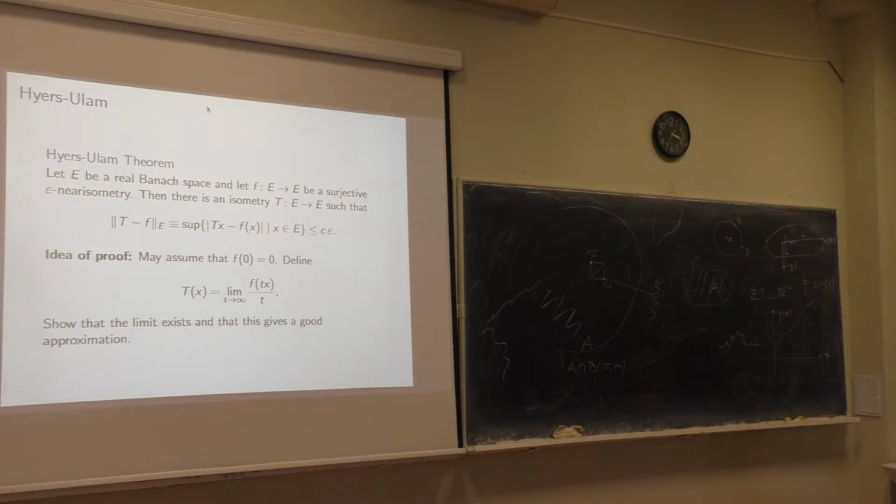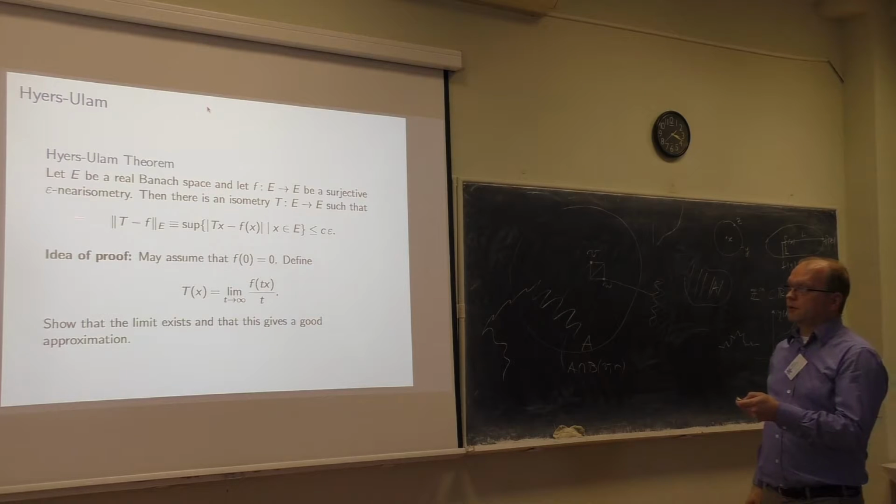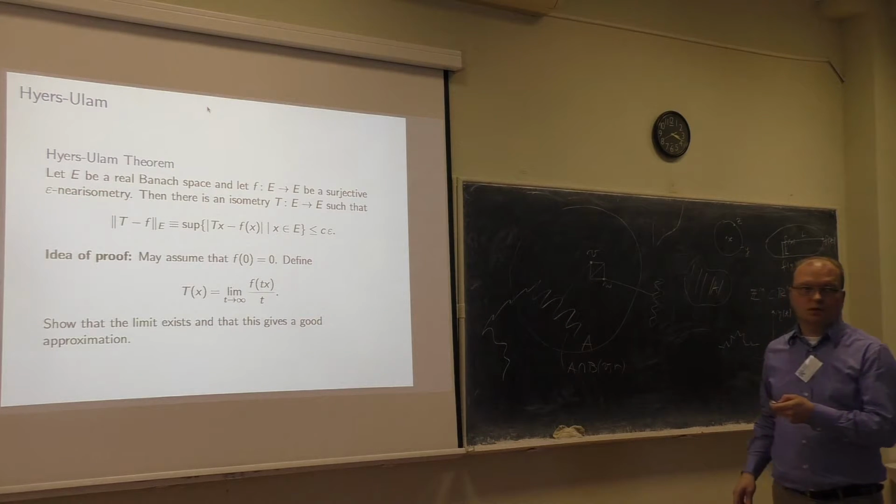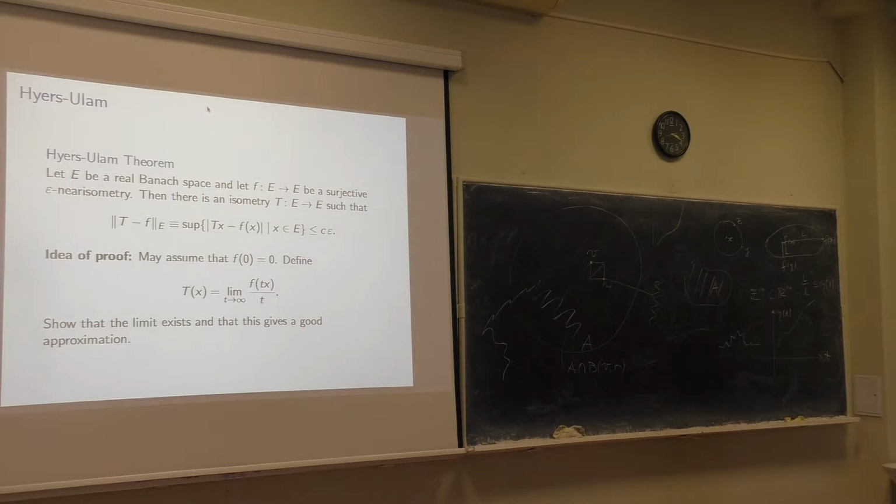Now we have this epsilon near isometry, a mapping which changes distances with an additive constant epsilon only. And the result is that there is a real isometry from the whole space. It will be an affine, surjective isometry, so the approximation is very good, and especially it's linear in epsilon.